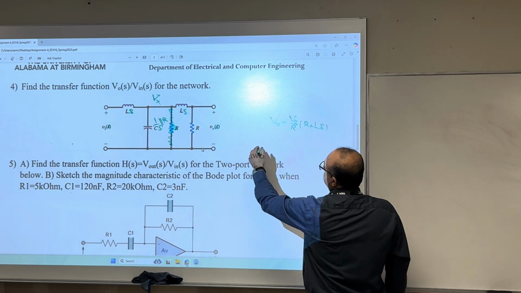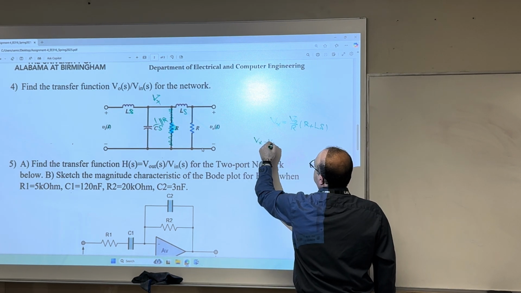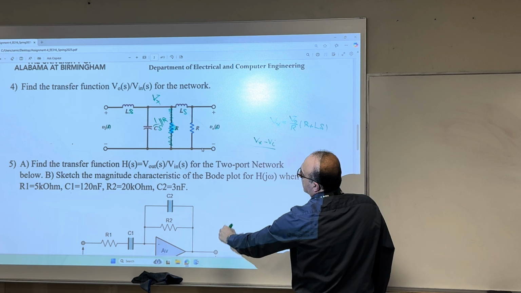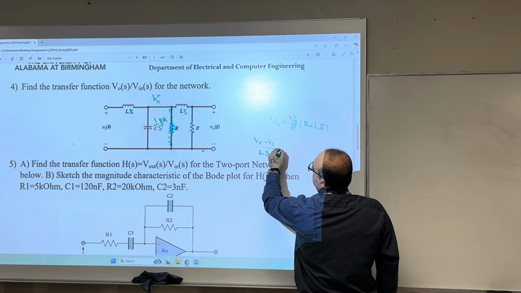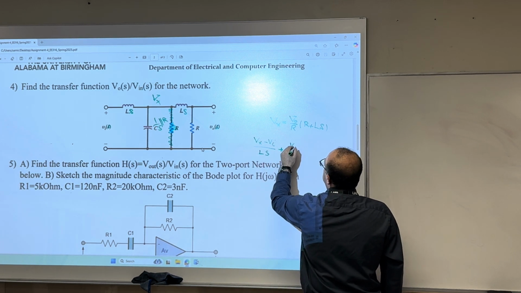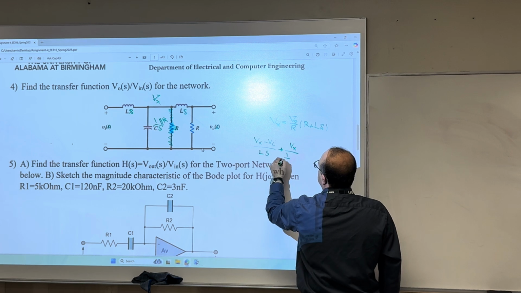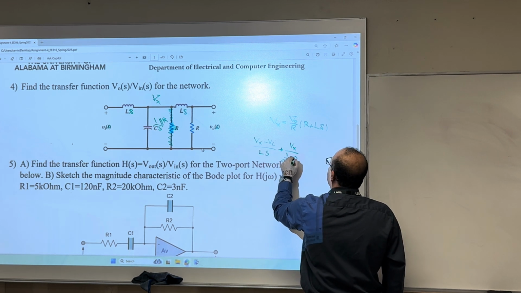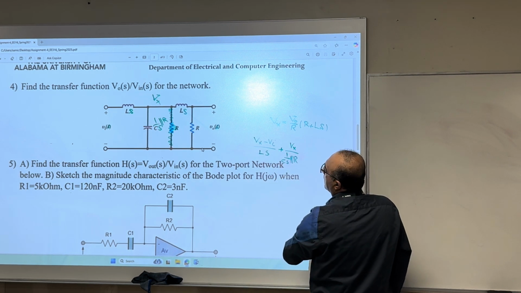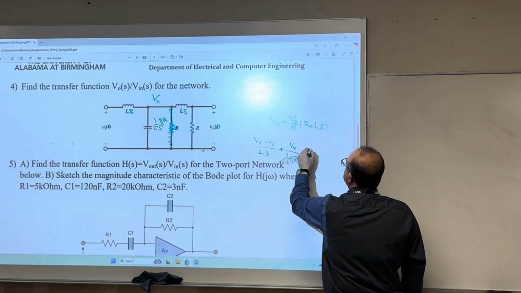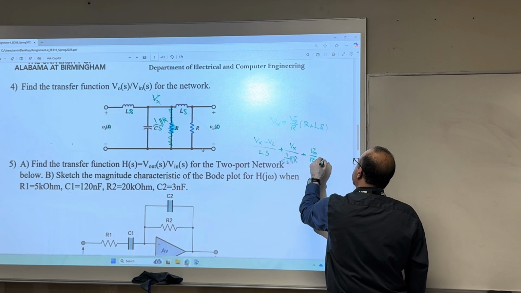The current going the other way is Vx minus Vi over Ls. The other current is Vx over 1 over Cs in parallel with R. And the last current is going to be VO over R.